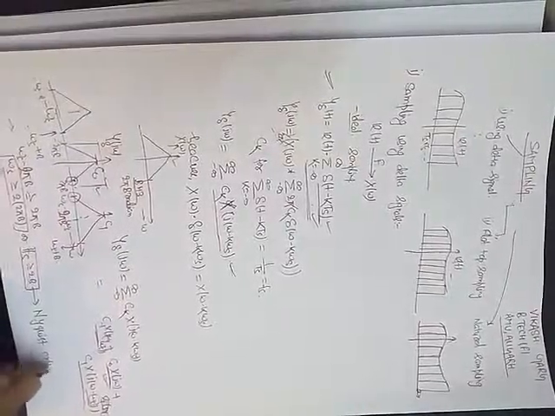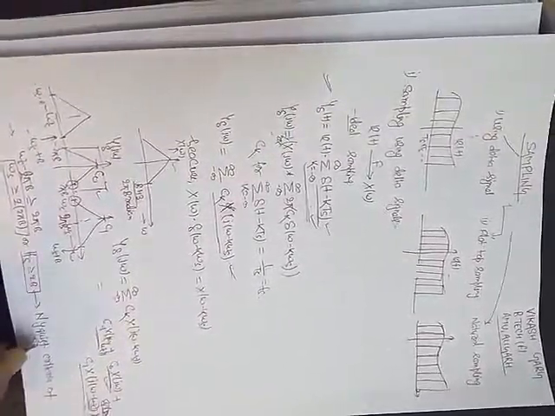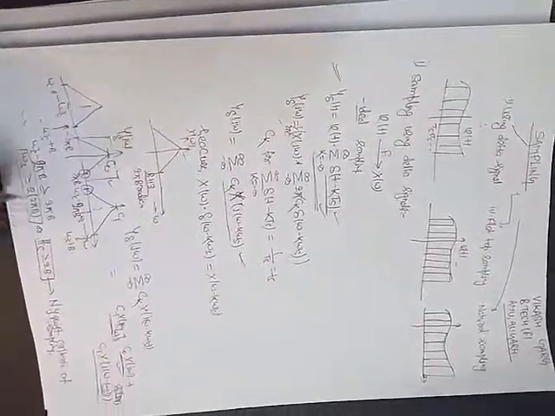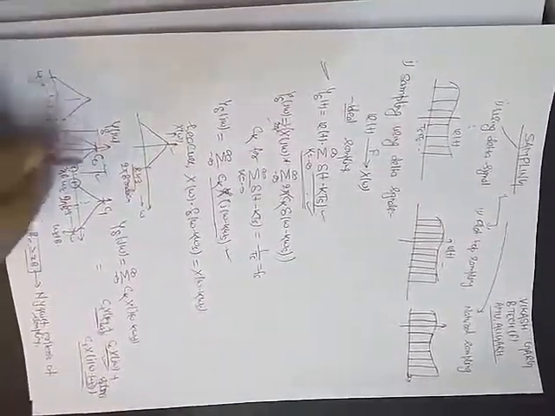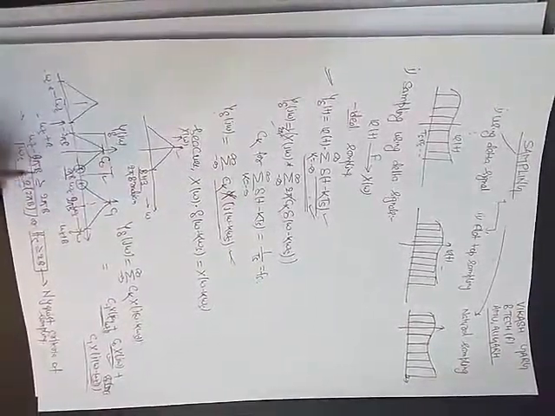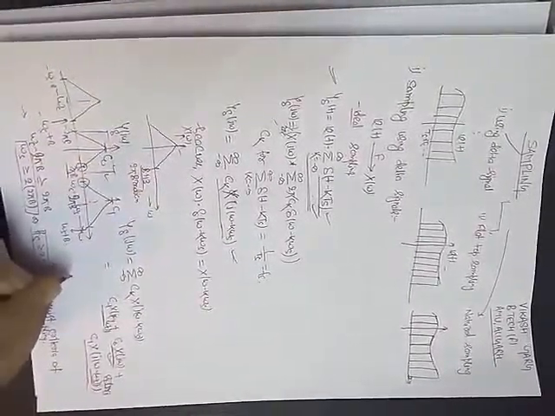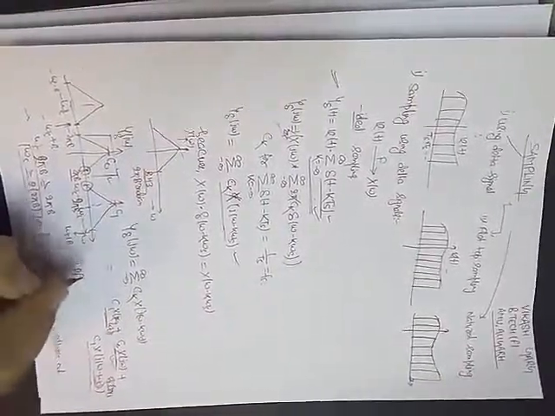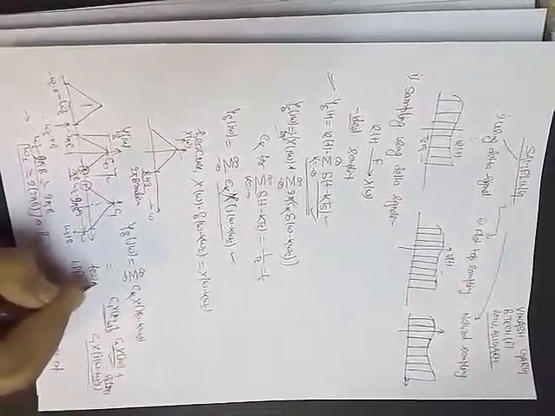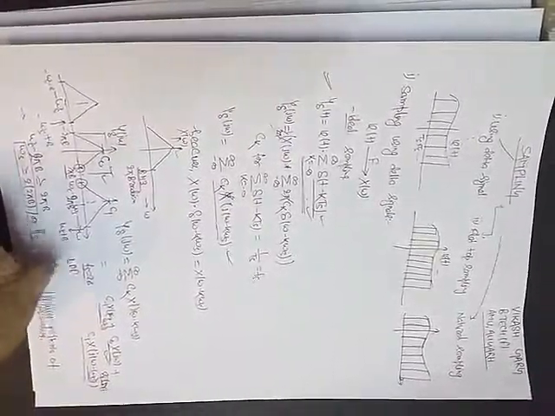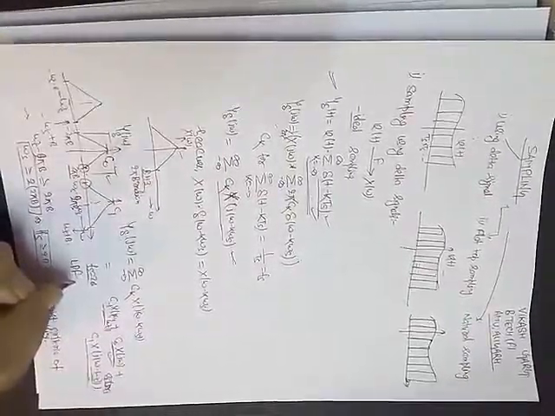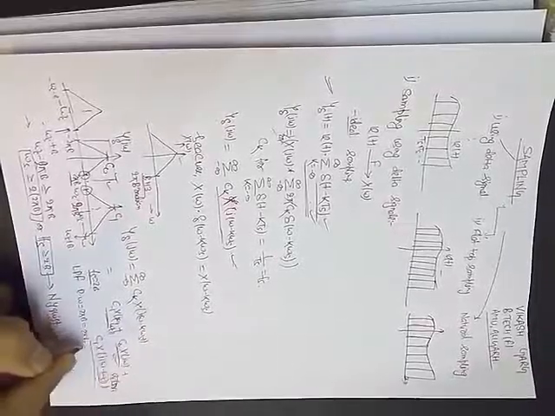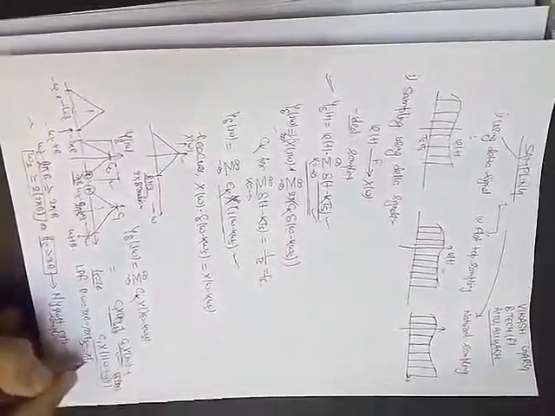So this is ideal sampling. To recover this type of sampling, we simply put a low pass filter of bandwidth 2πB, in terms of fs. If fs is equal to 2B, the low pass filter bandwidth is 2πB, or 2π fs/2, that is π fs.